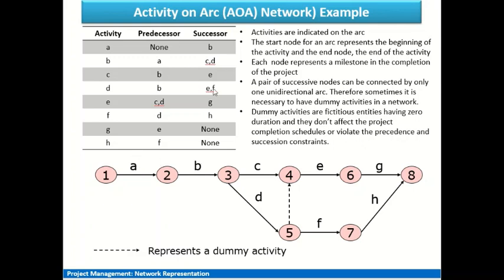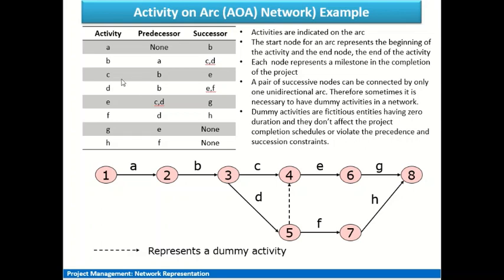Now B has C and D as its successors. So we have C and D, both activities initiated at node 3, and they continue till nodes 4 and 5.